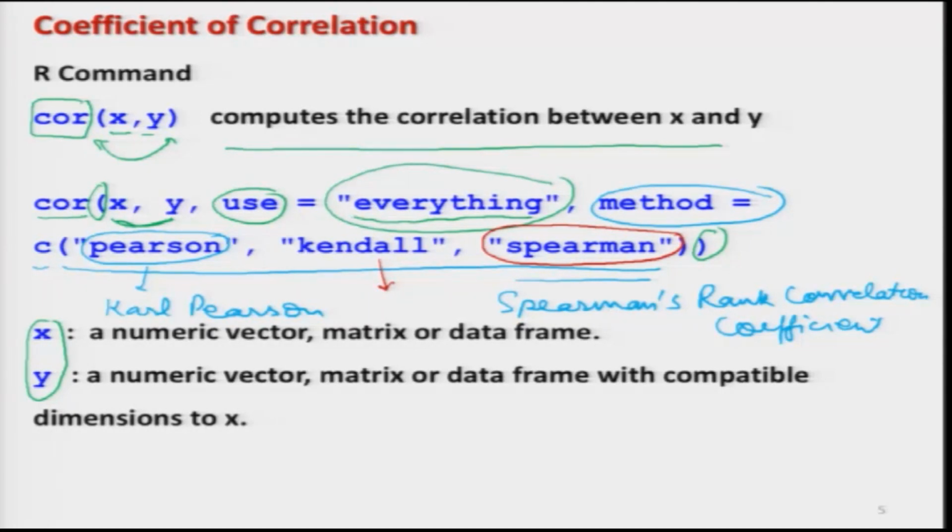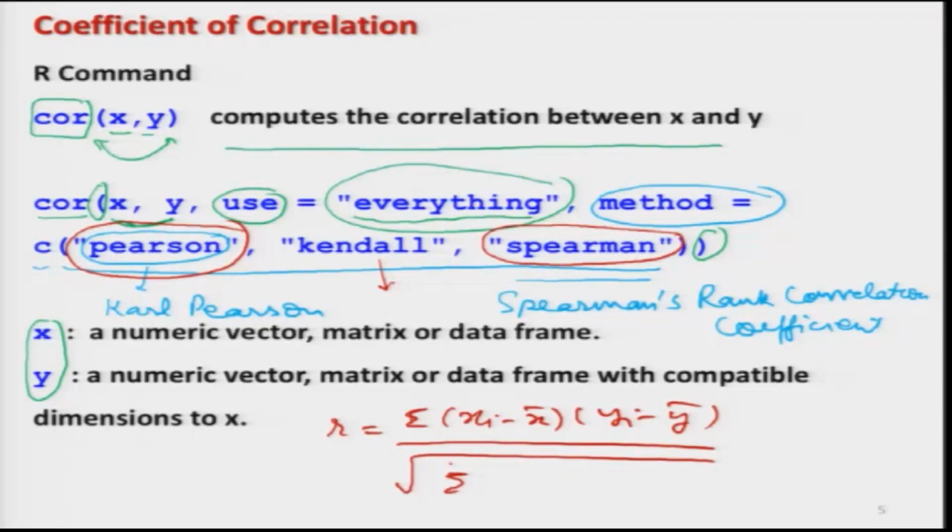So, essentially we are going to use the option Pearson, the correlation coefficient that was defined by summation xi minus x bar, yi minus y bar, divided by the square root of summation i goes from 1 to n xi minus x bar whole square, and summation i goes from 1 to n yi minus y bar whole square. This is actually computed by this option Pearson, right.